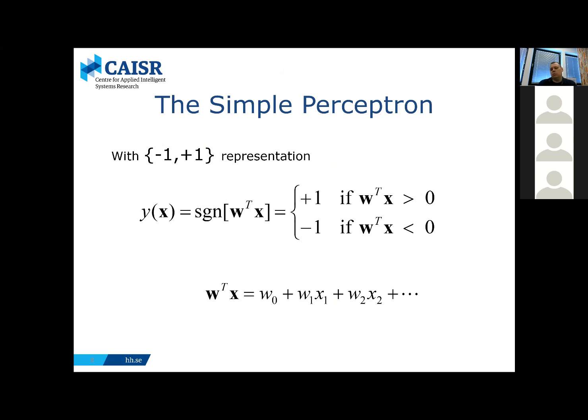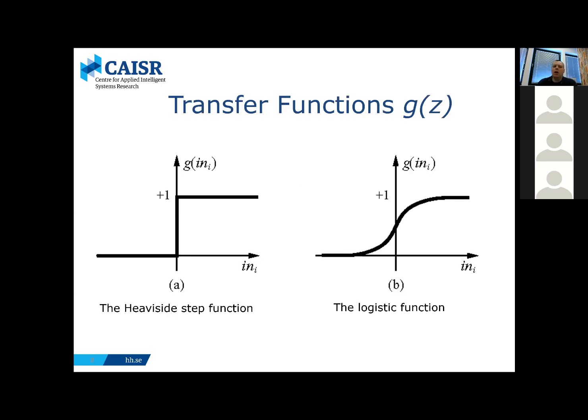This is just a way of going from a continuous set of inputs into +1, -1, so we have a clear decision for our classification. It doesn't have to be a binary decision, of course. We can use any other function here, but for simplicity, I will talk about binary ones.